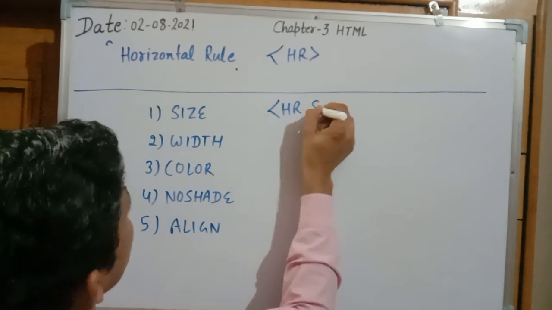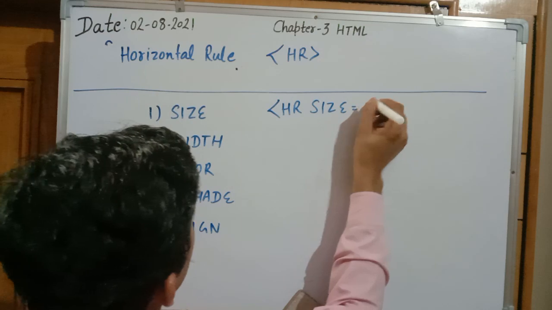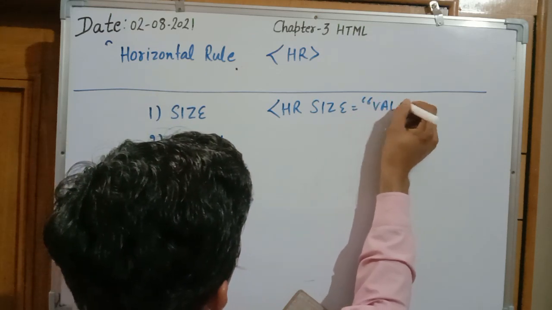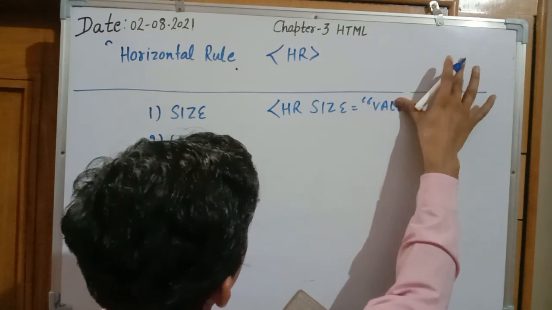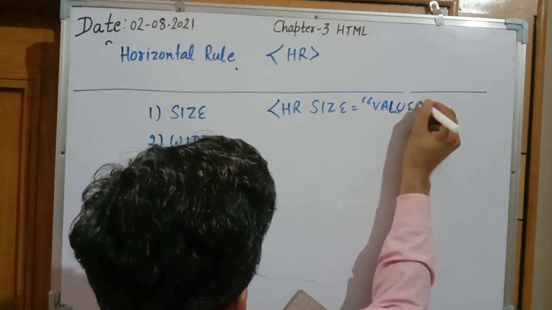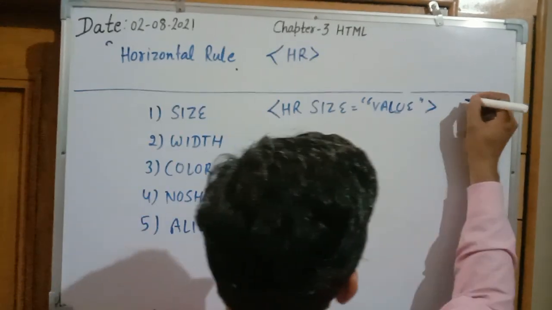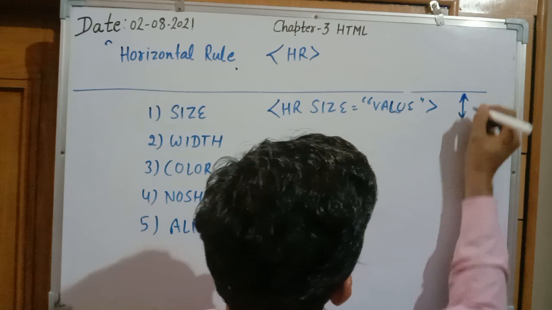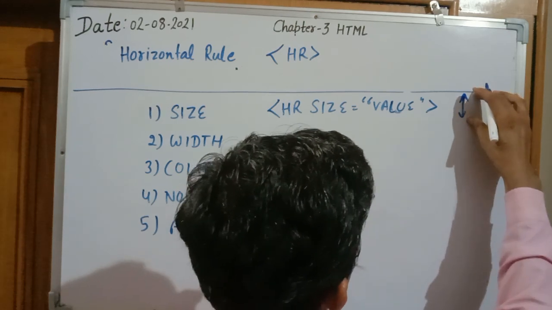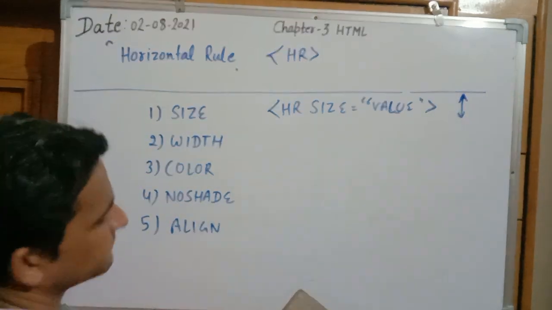The HR size can be any specific numeric value. It can be 10, 20, 30, whatever you want to give. That is the value of size. And what is size? It specifies the height of the horizontal line, meaning how much thickness it will take.